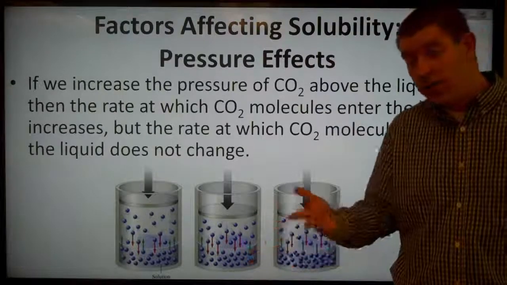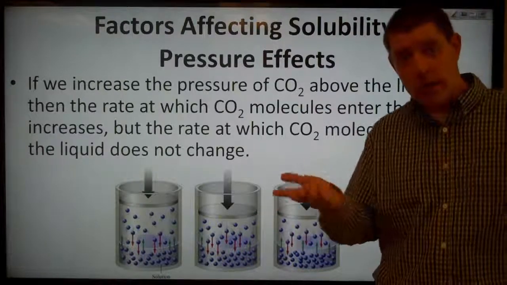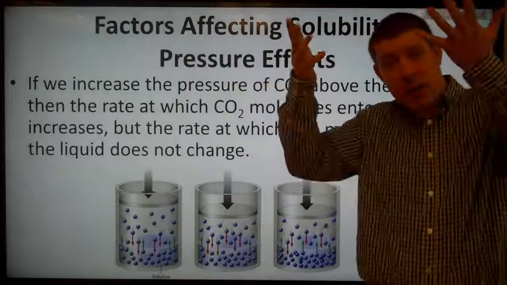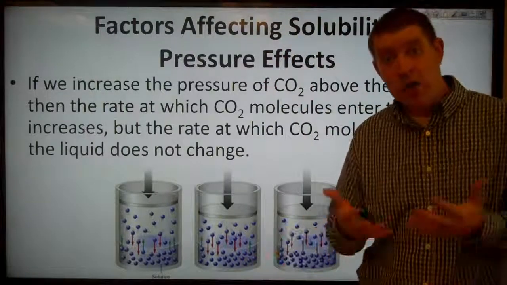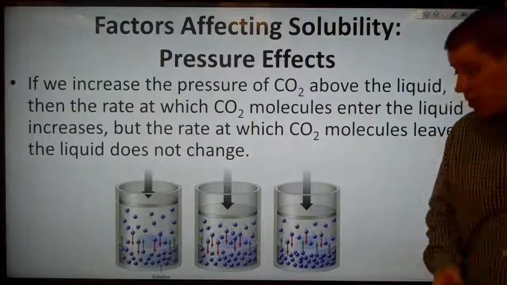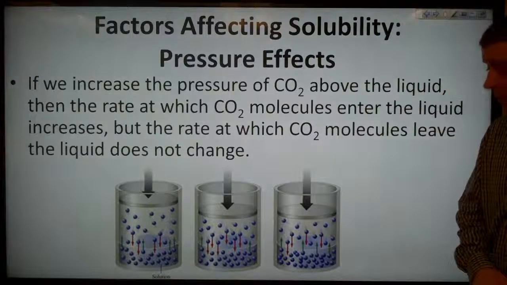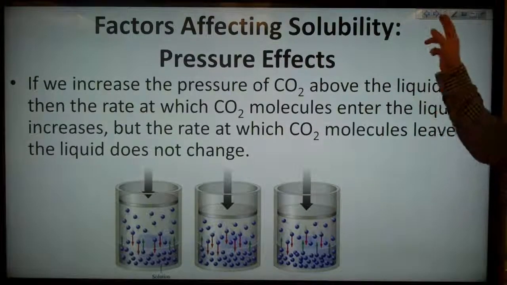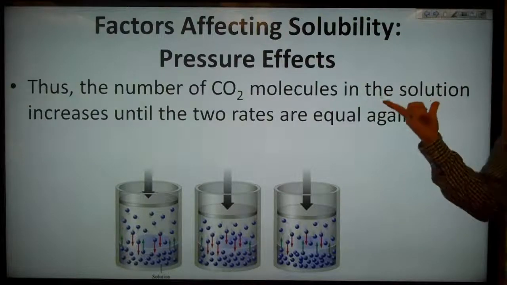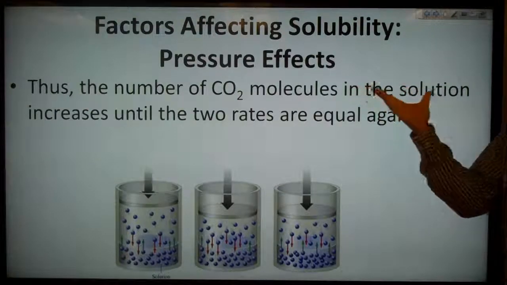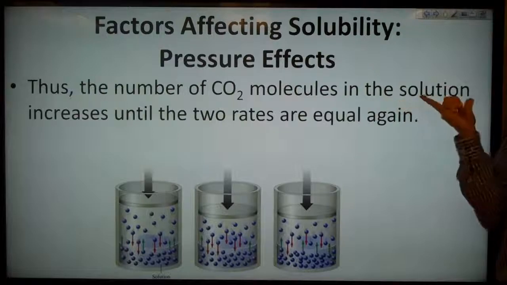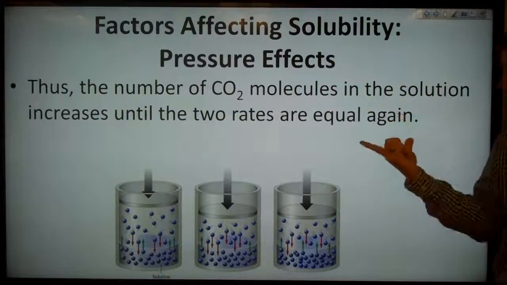And so we're going to have the same rate at which carbon dioxide molecules are leaving solution, but now we have a higher rate at which they're entering solution. So now over time, more carbon dioxide molecules are going to enter solution. Now after some period of time, our number of carbon dioxide molecules in the solution will increase until the two rates are equal again.